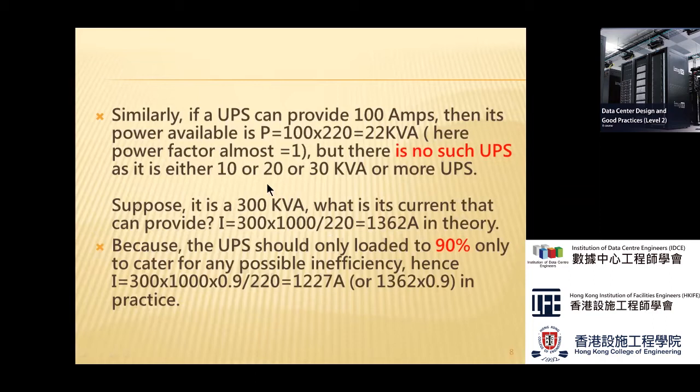The total power is still 300 kVA, or you get 90% of the 300 kVA because you only want to load up to 90%. You don't want to load more than 90% of 300 kVA. You don't want to have full load. If we are using three-phase here, the current would be divided by 3, something like 409 amp, or 400 amp to make it easier.